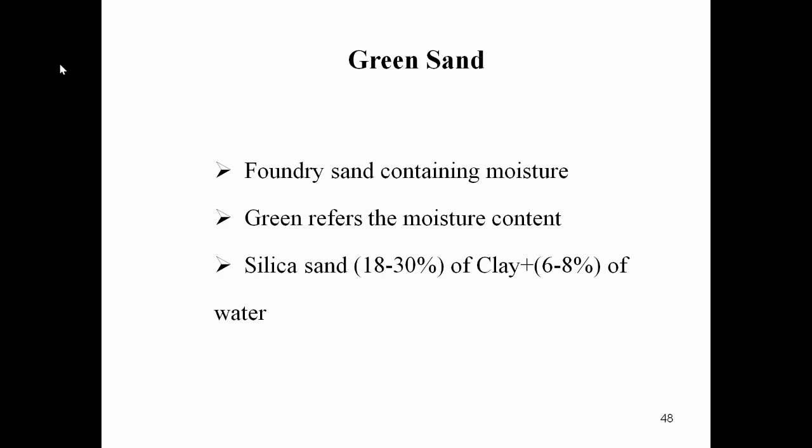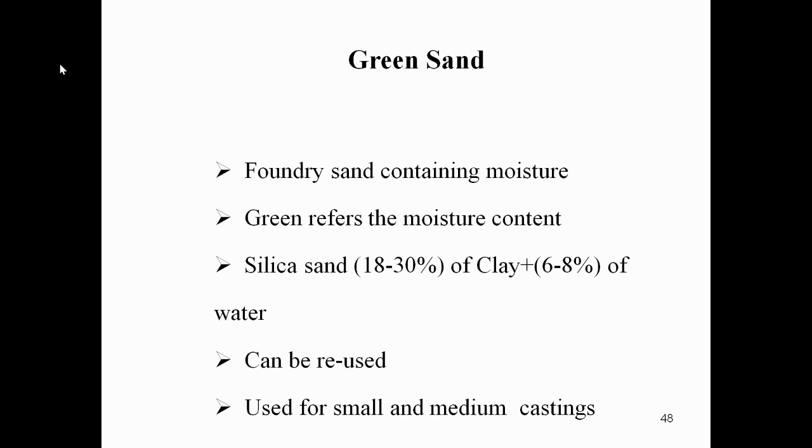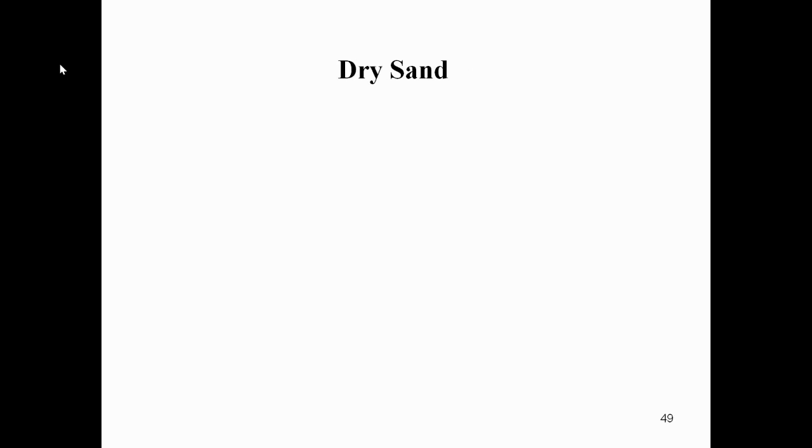Silica sand is about 18 to 30% of clay plus 6 to 8% of water in green sand. This sand can be reused. It is used for small and medium casting products.